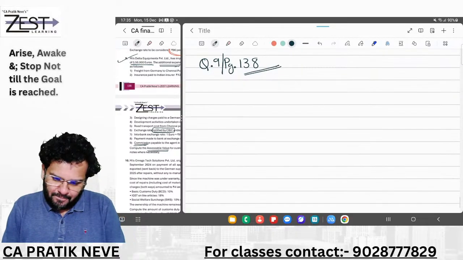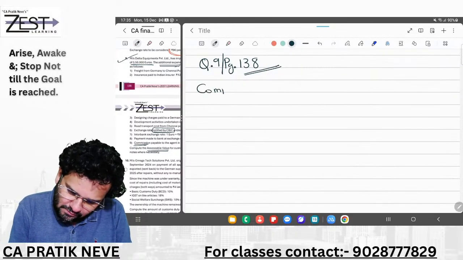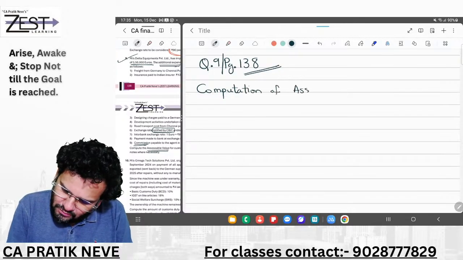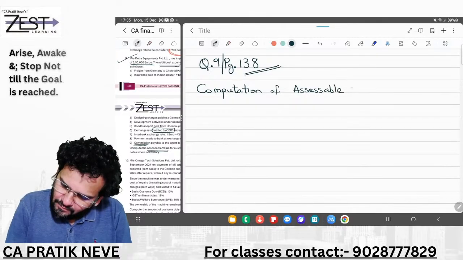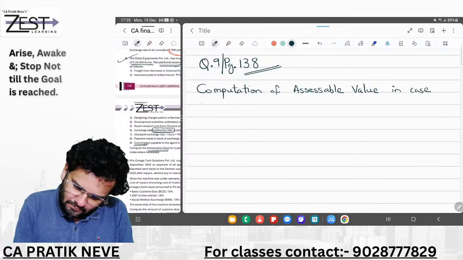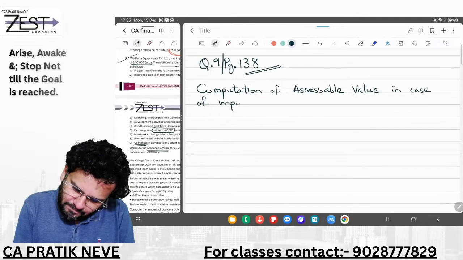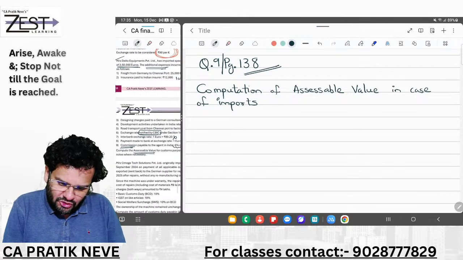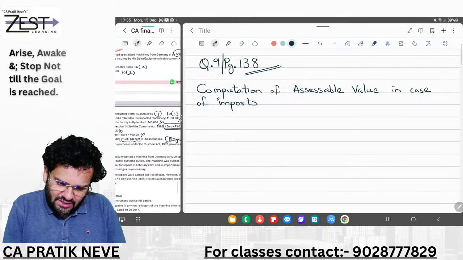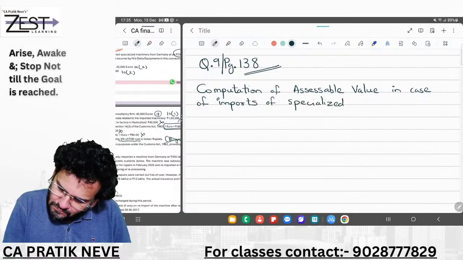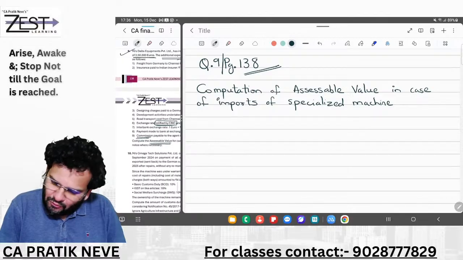See, so computation of assessable value in case of imports. Computation of assessable value in case of imports of specialized machine by Delta Equipments Private Limited.